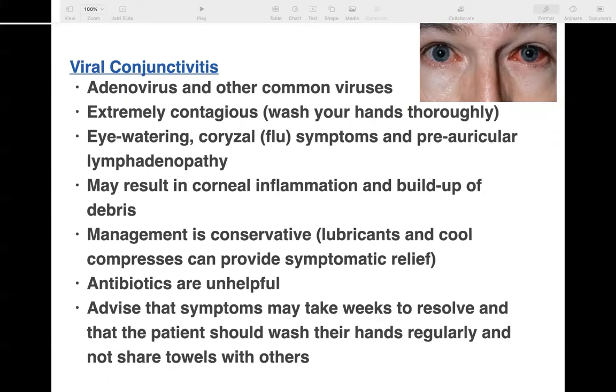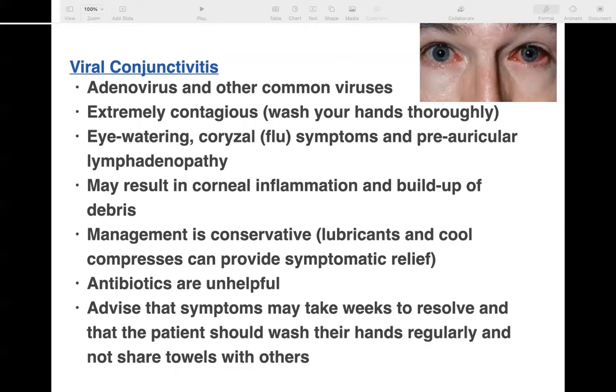The eye watering, cold or flu symptoms, with pre-auricular lymphadenopathy. It may result in corneal inflammation and buildup of debris, especially with adenovirus. It's called adenoviral punctate keratitis or epithelial keratitis.